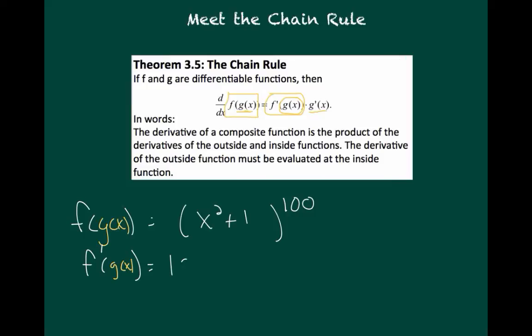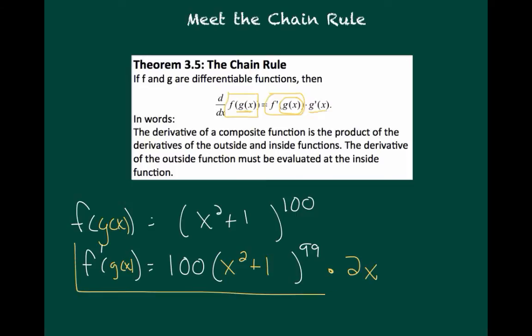So that would be 100 times the inside function to the 99th power. Now what is the inside function? Well, that's x squared plus 1. So that satisfies the first part of the chain rule. But now we have to multiply by the derivative of that inside function, which is just 2x. And that's all you need to do. You're done. Okay, let's take a look at a couple more examples, and then we'll wrap up.